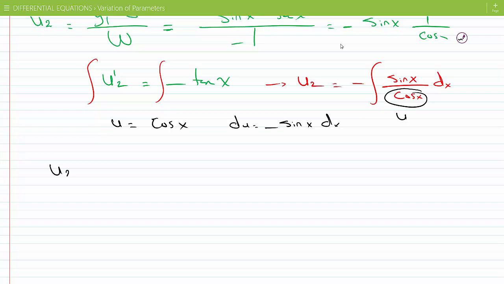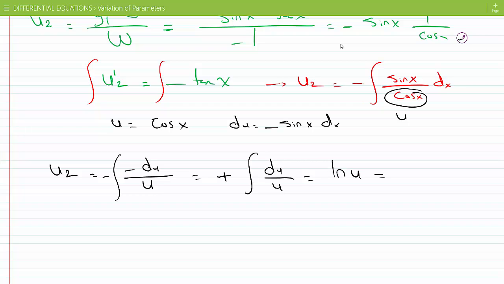So u2 becomes minus du over u, because sine x dx is minus du, and we have a minus here, so this becomes a plus du over u, which is ln u, and our u is nothing but cosine x. Yeah, because the denominator is the u.